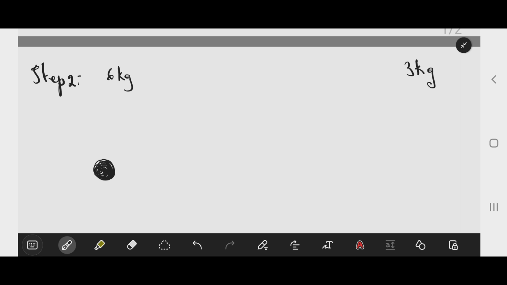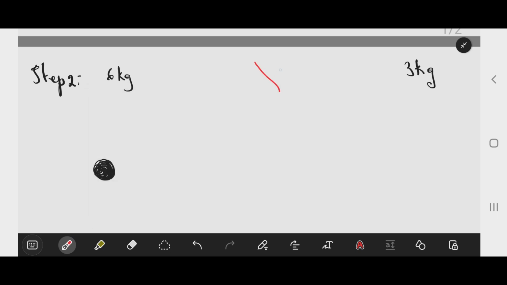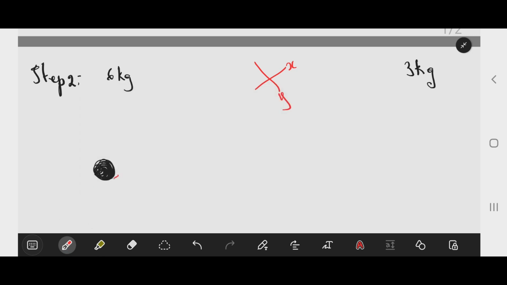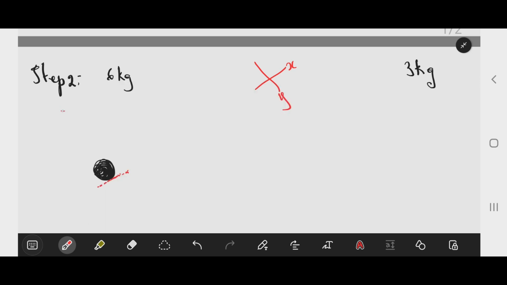And remember our system of axes that we are using, where we have the x and the y. So that is the surface on the free body diagram, and make sure that your normal force is perpendicular to the surface, right? Okay, and the object is moving up the incline, right?